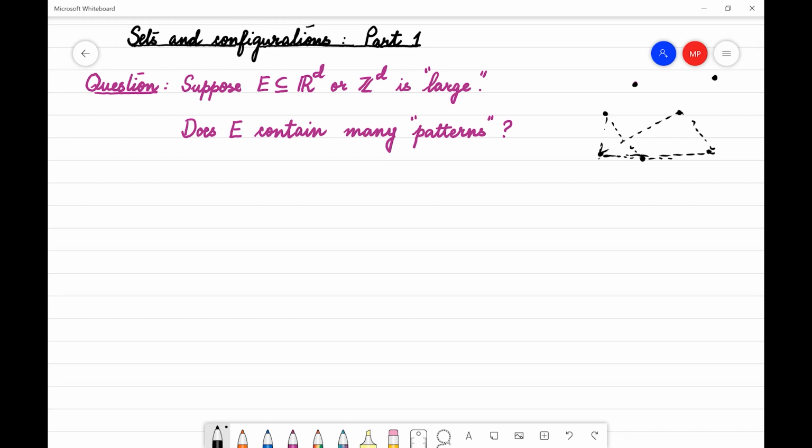What I am going to talk about today is not just does it contain many patterns, but does E contain a pattern P of my choice?